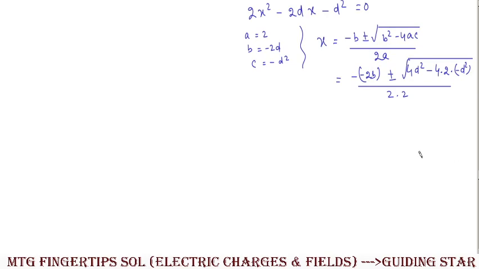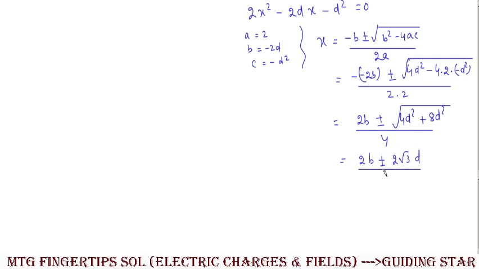So finally, if we get the roots of the equation, it will be 2d plus or minus root of 4d square plus 8d square, divided by 4. So here it will be 2d plus or minus, 4 plus 8, that is 12d square, root of 12d square, that means 2 root 3 d, all divided by 4.